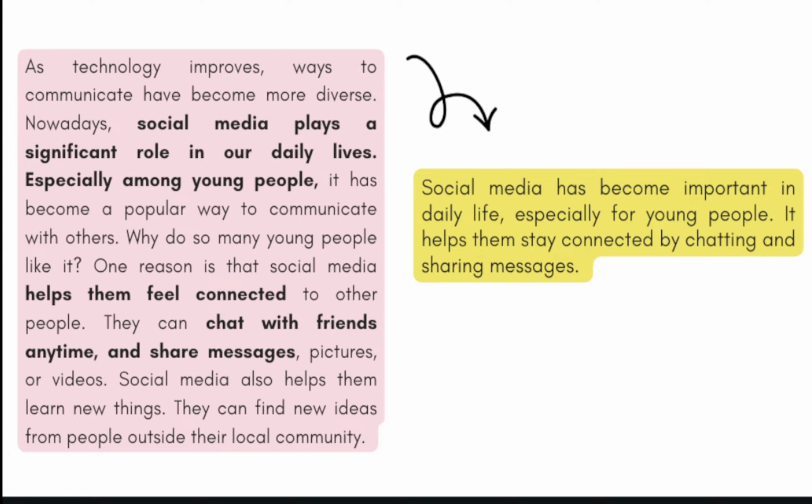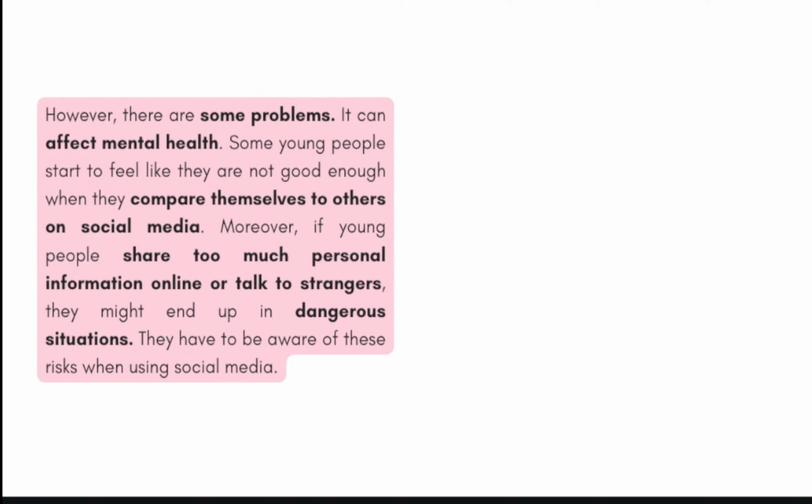And then I gave some examples. Why? Because it helps them stay connected. How? By chatting. If we use by, use ing, by chatting and sharing messages. Now, our second paragraph, which shows the issues of social media. And here it goes, okay?